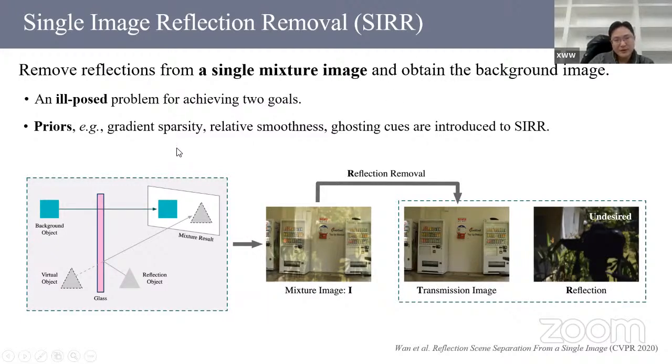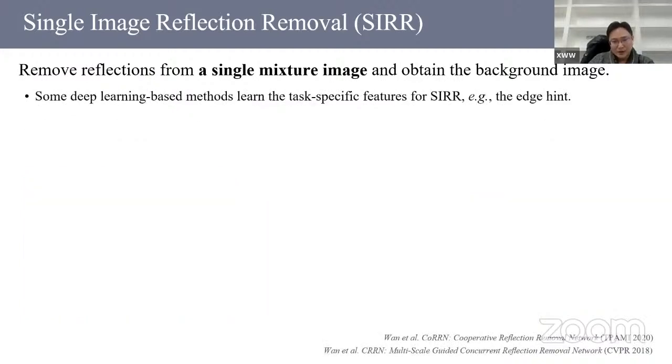So priors such as gradient sparsity, relative smoothness, or Gaussian cues have already been introduced in single image-based reflection removal. However, they all assume that the reflections are not strong or are somewhat blurred at the boundary.